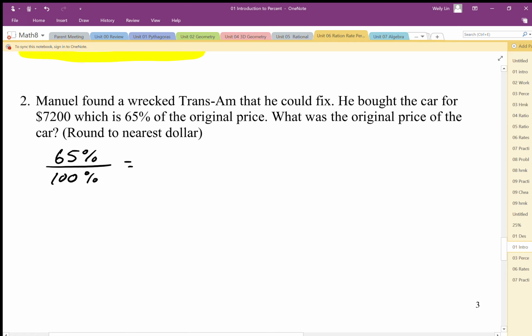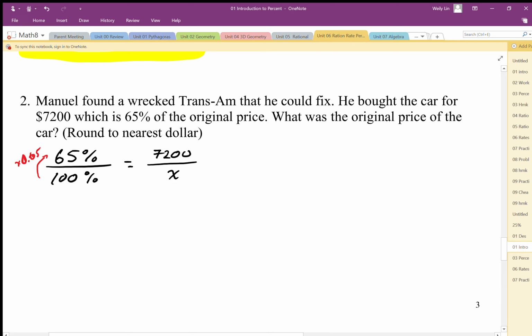And I have to determine if the 7,200 is the part or the whole. So it says 7,200 is 65% of the original price. So I know that must be the part, and I'm looking for the 100% whole. I have my decimal multiplier here, times by 0.65.